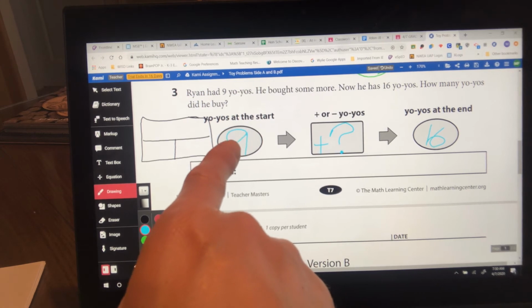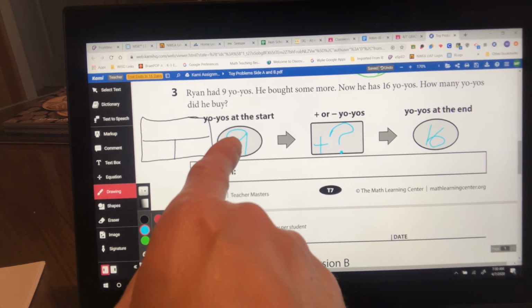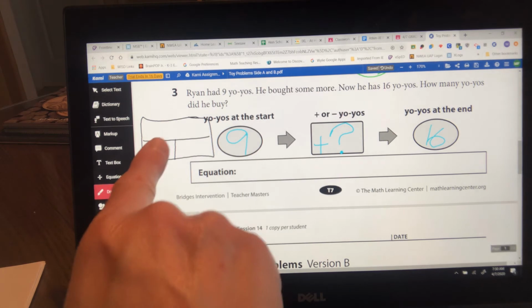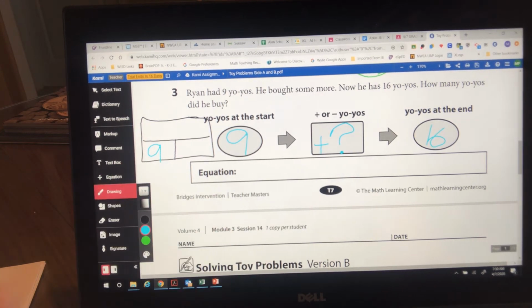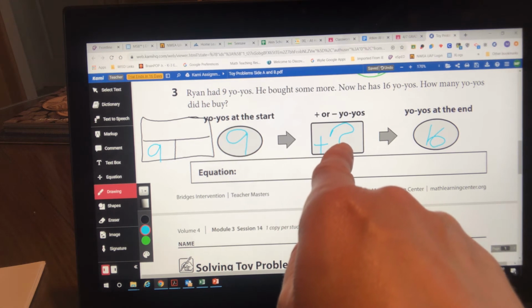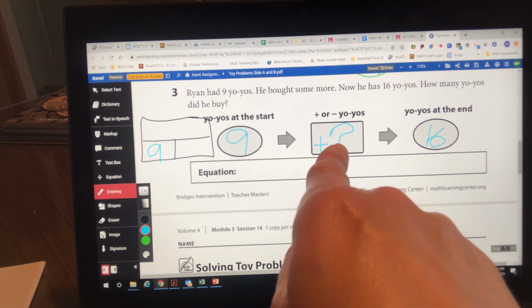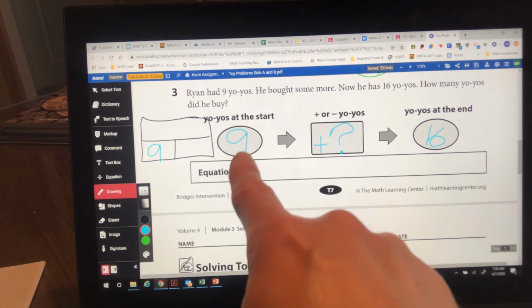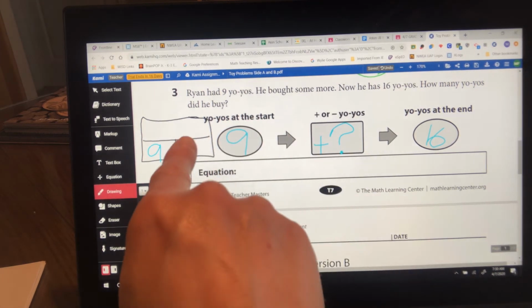The 9 yo-yos in the beginning of the story, was that all of the yo-yos or part of the yo-yos? Well, since he got more, the 9 in the beginning is part. The yo-yos that he bought at the store, were those all of the yo-yos or part of the yo-yos? Well, since he already had some, the ones he bought are also part.